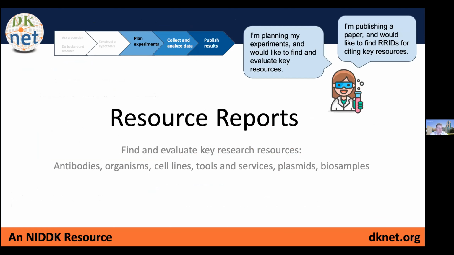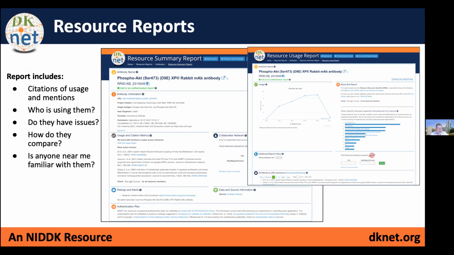The way that we bring this all together is through the resource reports, which provide a way to view all this information. On the report, you'll see at the top the basic information about the resource. There's the specific information, including how to properly cite that resource.